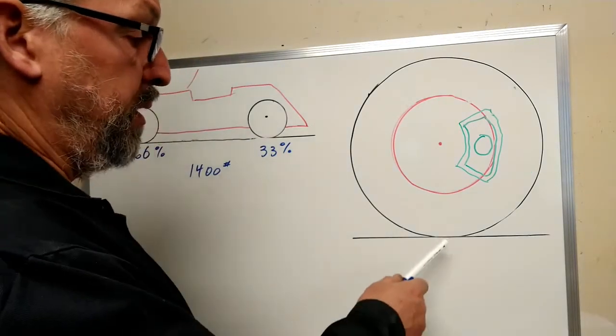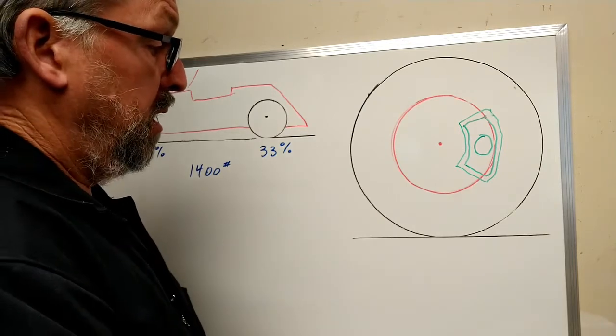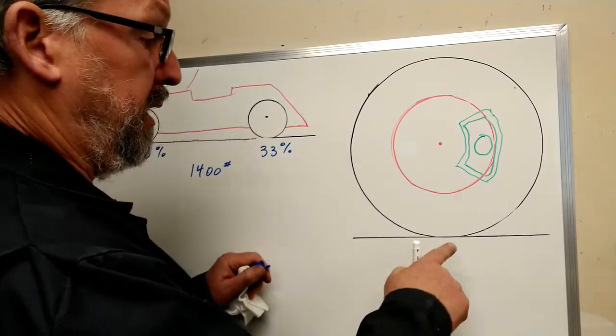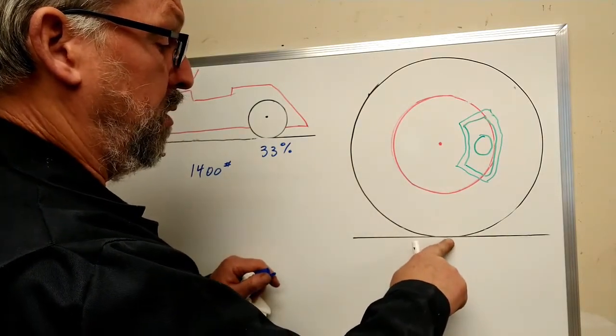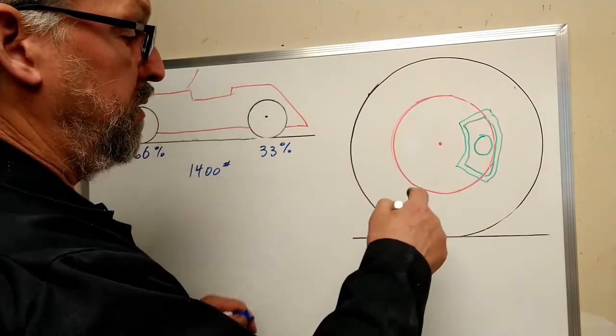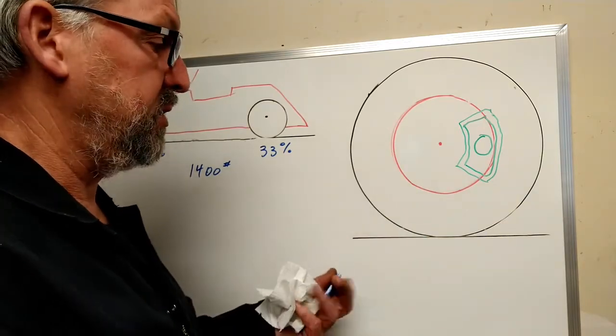Okay, so let's work everything based on the point at which this is going to start sliding. That is determined by, as I said, the weight pushing down on it and the friction coefficient. You can look up tables for everything sliding on anything else.